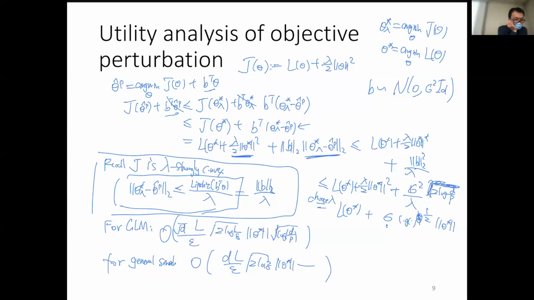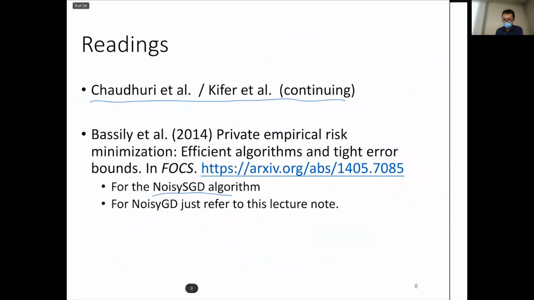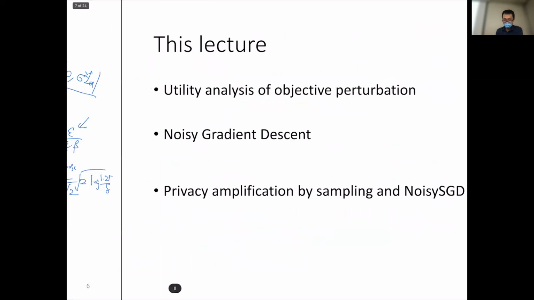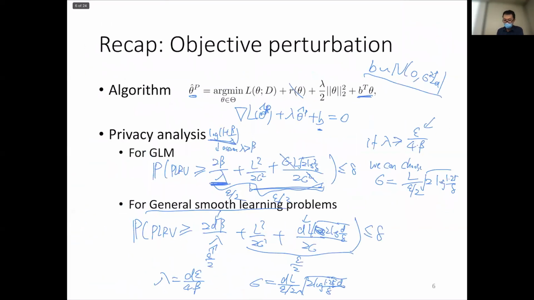There might be something that I missed, but let me take a look. I see. Yeah, there's another thing that I might have missed, which comes from the privacy analysis of the objective perturbation. Recall that sigma is not the only thing that we are required to choose.